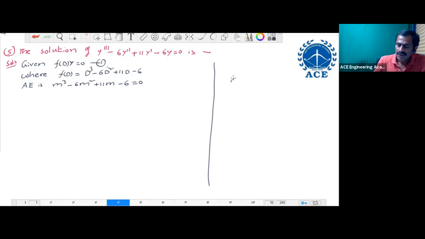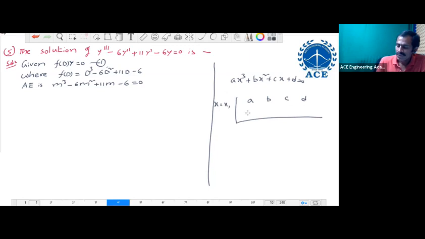For a general cubic equation, ax^3 + bx^2 + cx + d = 0, according to synthetic division, first we draw like this, and then we write the coefficients here: a, b, c, d. And then we find one root, let us suppose x = x1.